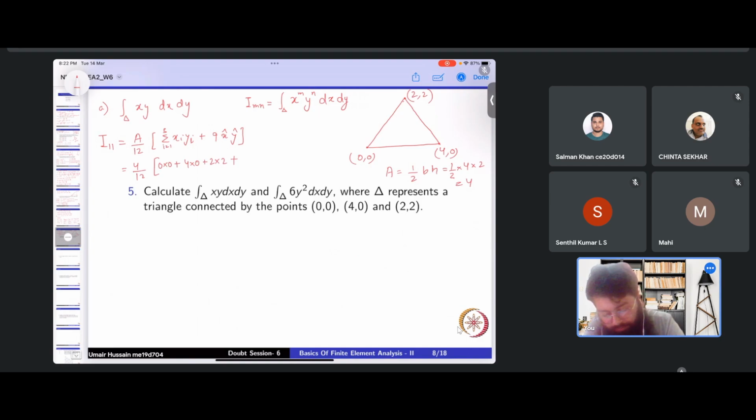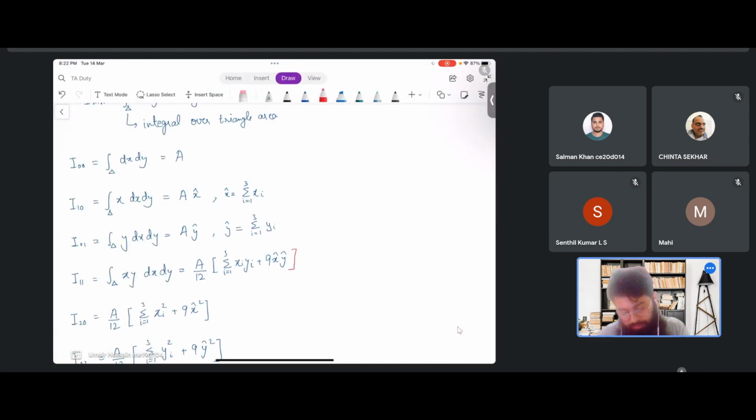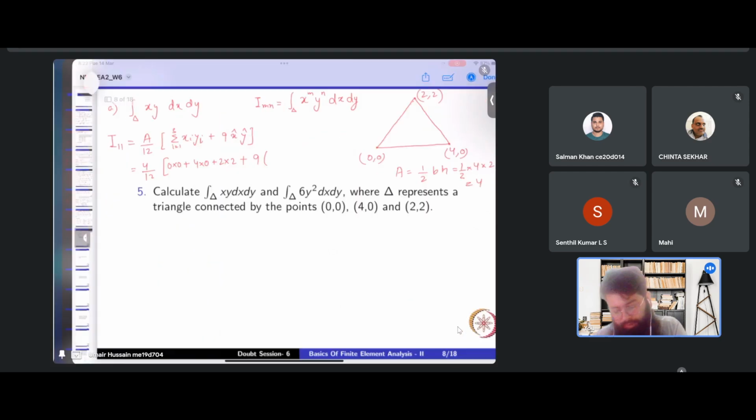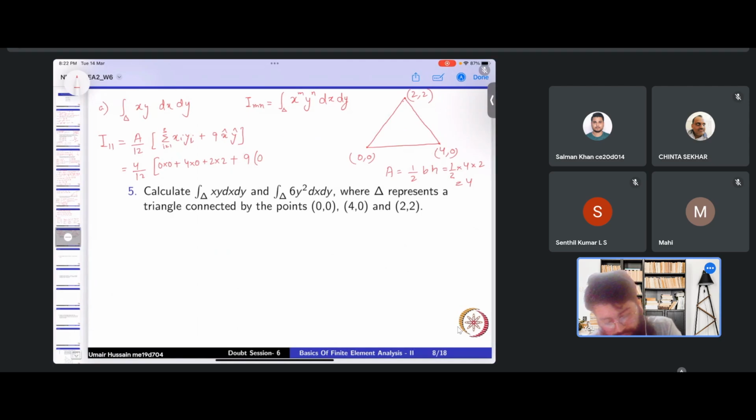And plus 9 times, what is the value of x cap? I think it's the sum of all the x coordinates, right? X cap is, yeah, the sum of all x coordinates. So that's 0 plus 4 plus 2. Then what's y cap? The sum of all y coordinates. That's 0 plus 0 plus 2.